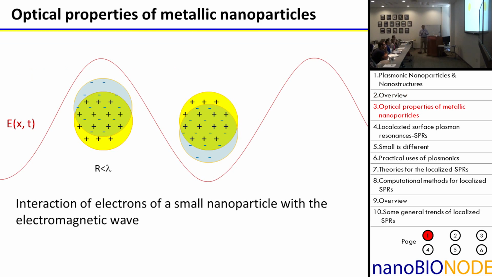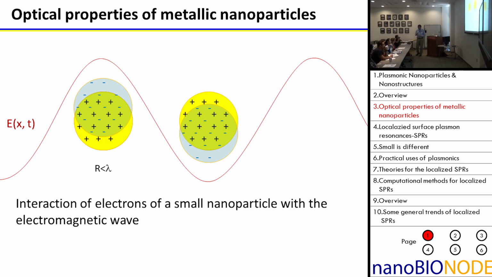When we have tiny metal nanoparticles, like gold nanoparticles, that are much smaller than wavelengths of light, the interaction of those nanoparticles with light is very interesting, right? Because remember, we have oscillating electric and magnetic fields, and in the nanoparticle we have free electrons, because this is a tiny piece of metal.